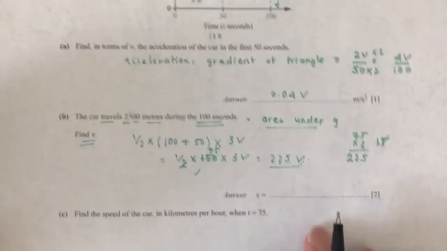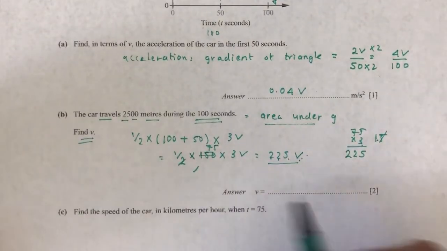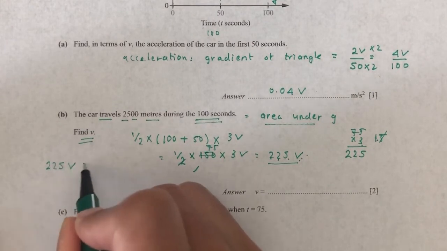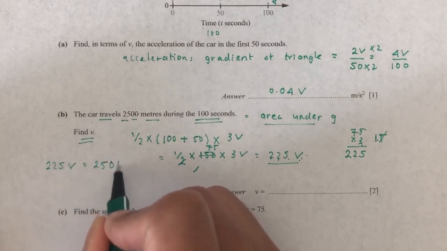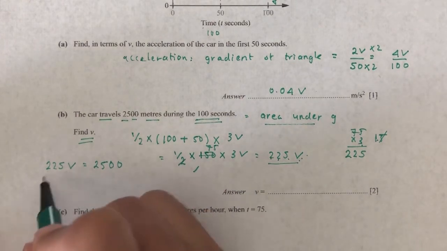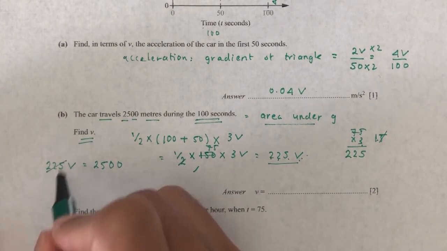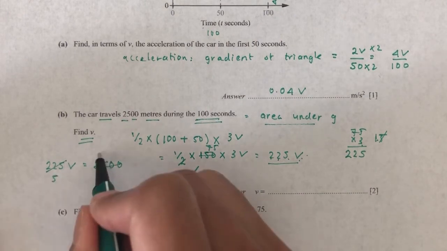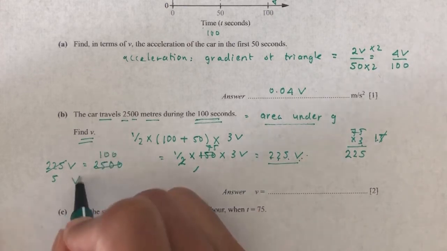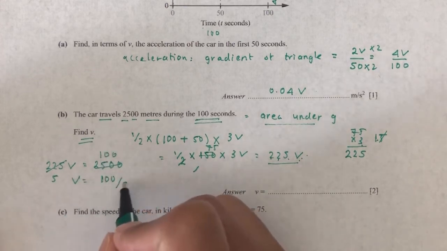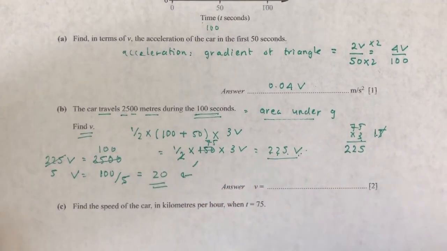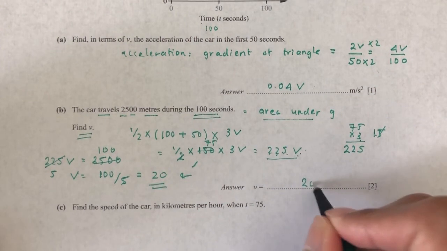So now we have to find the value of v. So let's bring this over here. So 22.5v equal to 2500. Let's divide by 25. We will have both sides will be what? 25. Here we have 5. Here we have 100. So v will be 100 divided by 5, which is equal to 20. So your answer for B will be 20.